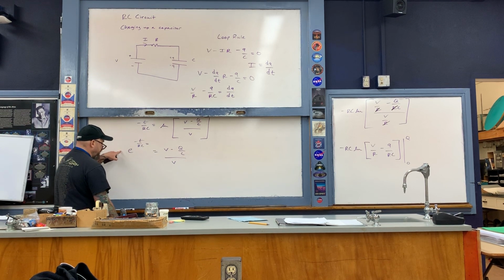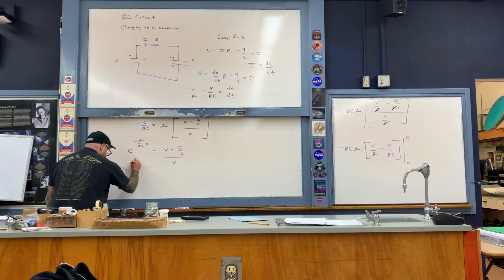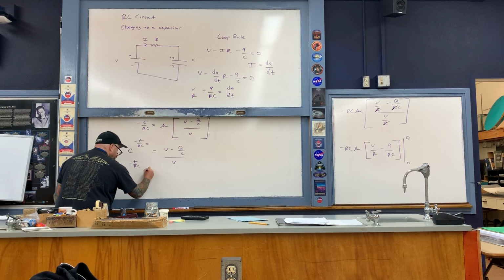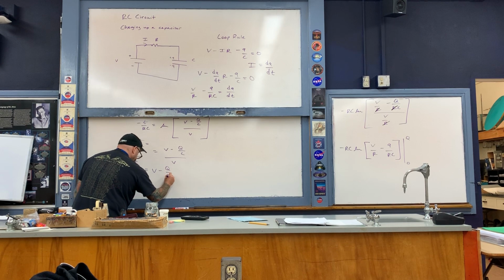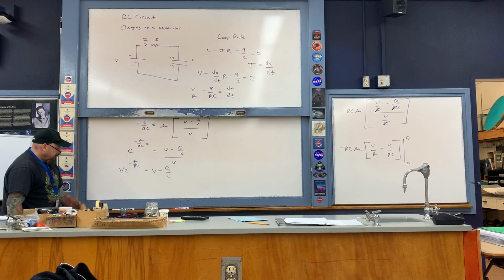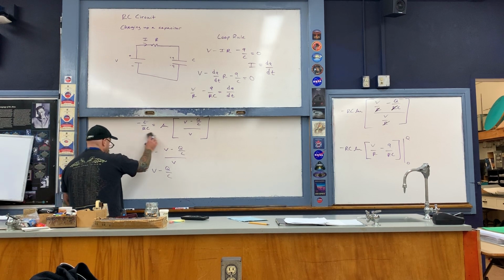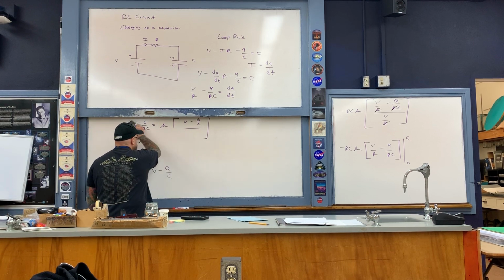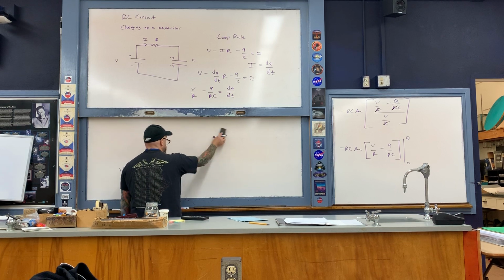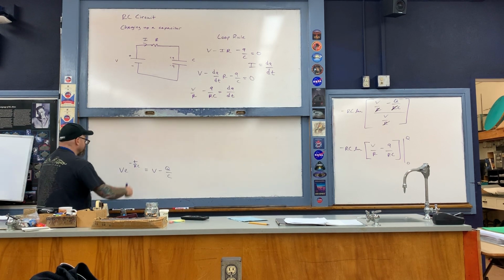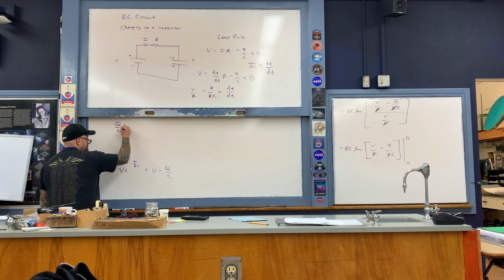So move the V here up to the other side. Like so. Okay, take this term here and this term here and switch their positions. So to do so, that then gives me this.